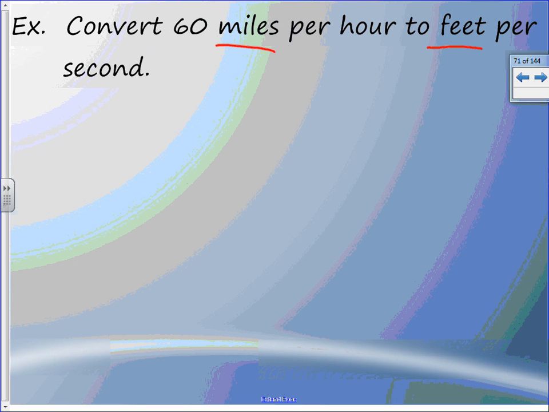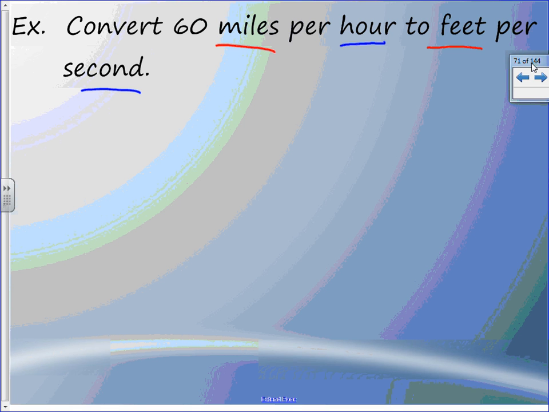Okay, so we need two conversion factors. We're converting distance, miles to feet, but we're also converting time. We're converting hours to seconds. So if we're not sure about the distance conversion, how about, what's that? Excellent.